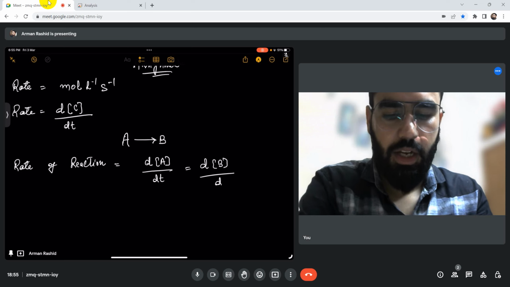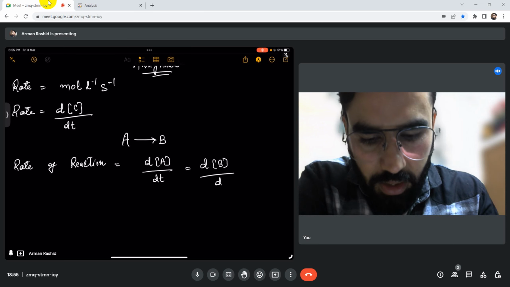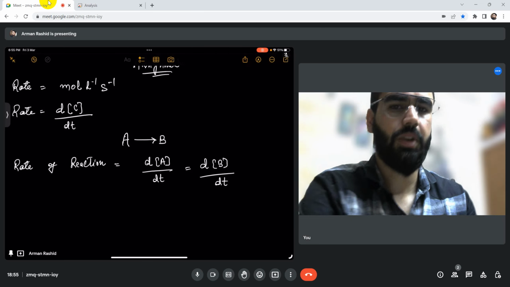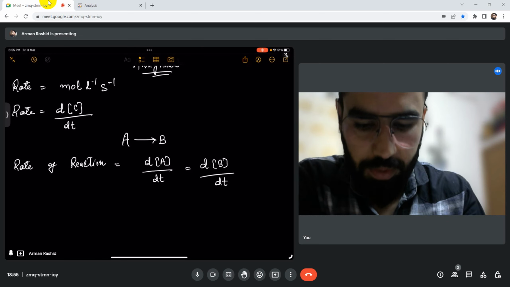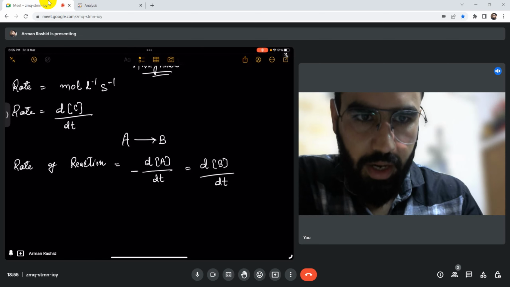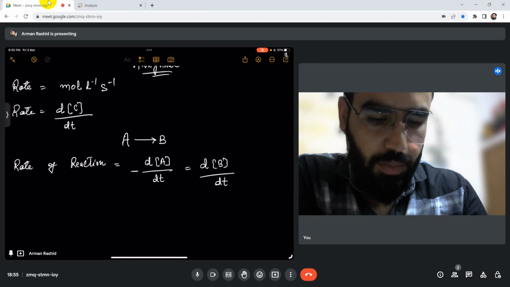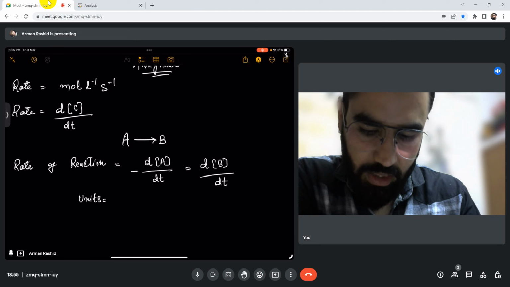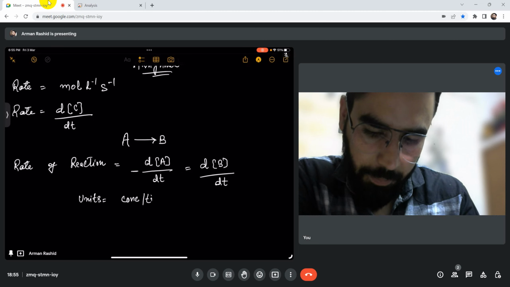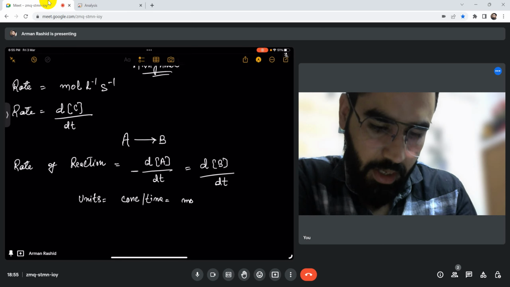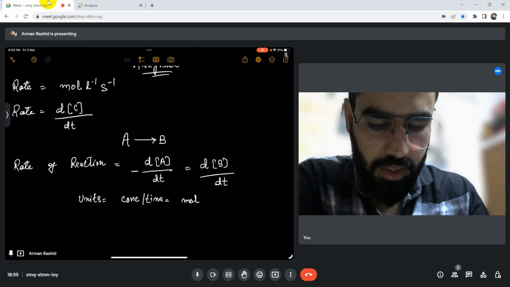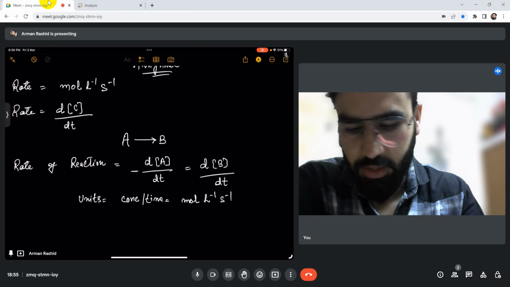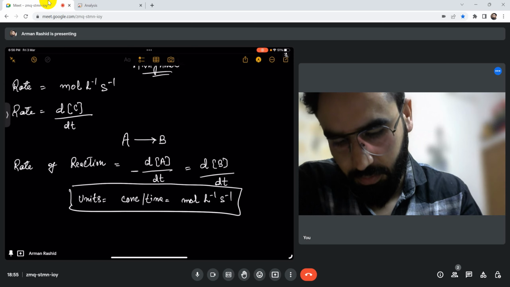The concentration of A decreases as a function of time, but the rate of the reaction cannot be negative, so we put a negative sign for reactants. The unit of the rate of reaction is concentration per unit time; concentration can also be in partial pressures, but here it is mole per liter per second.